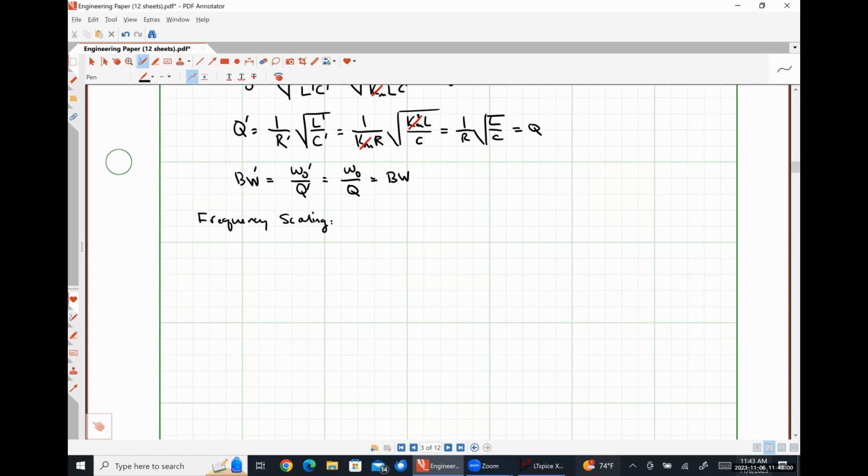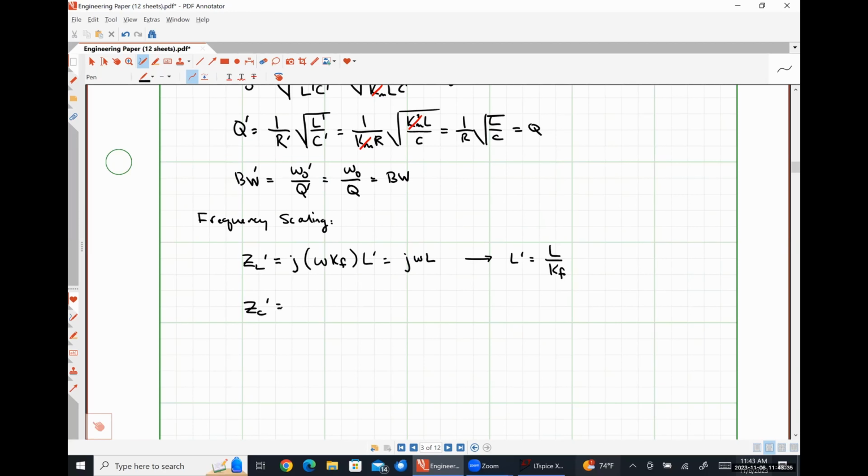So ZL prime would be J times omega KF, where KF is our frequency scaling factor, times L prime. We want this to be equal to J omega L. So from this, we can see that L prime is simply L over KF.